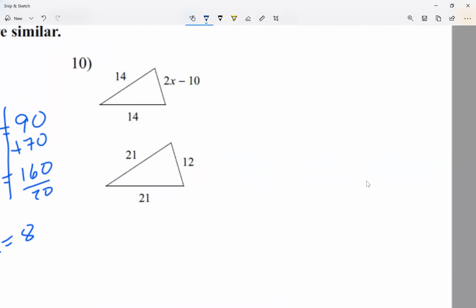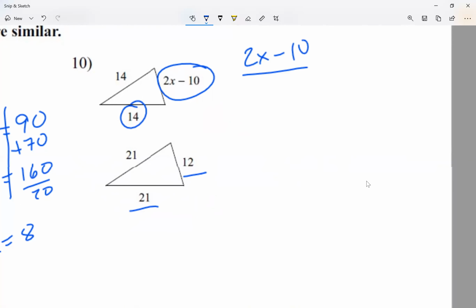I'm going to use the 2X minus 10, which is corresponding with 12. I'm going to use the 14, which is corresponding with 21. I only need 2 measurements per figure. So 2X minus 10 and 14. Notice how on the top of the fraction, I'm using the measurements that come from the same figure.